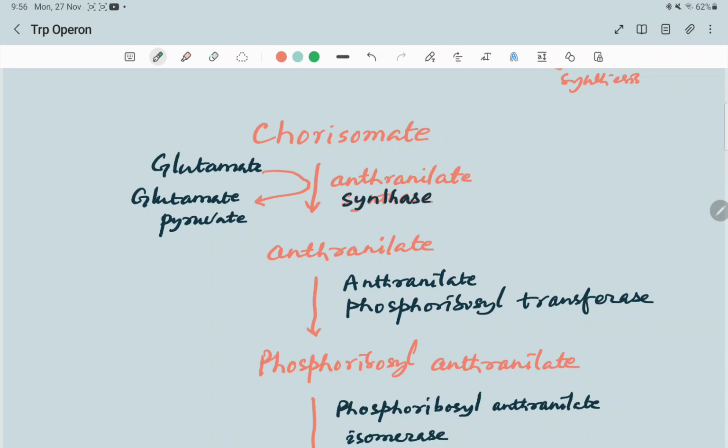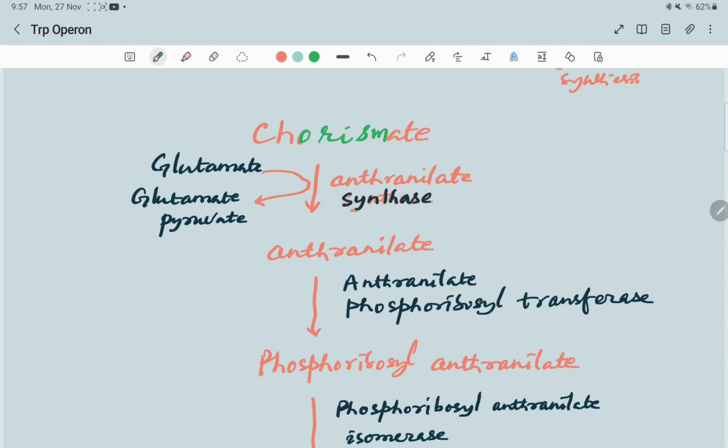Tryptophan is synthesized from corepressor by the action of anthranilate synthase, and corepressor produces anthranilate by the enzyme anthranilate synthase, and here we require glutamate, which is converted to glutamate pyruvate.